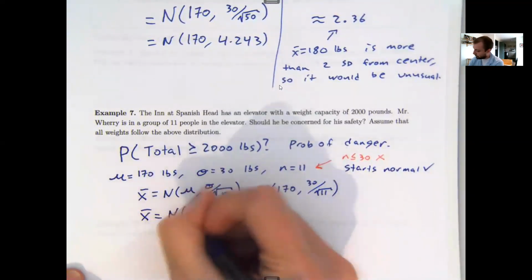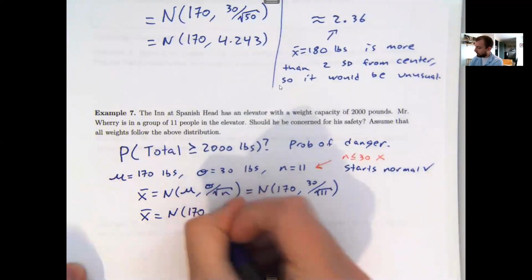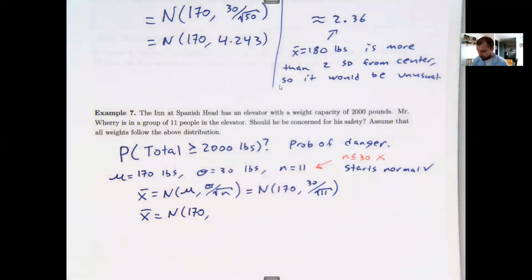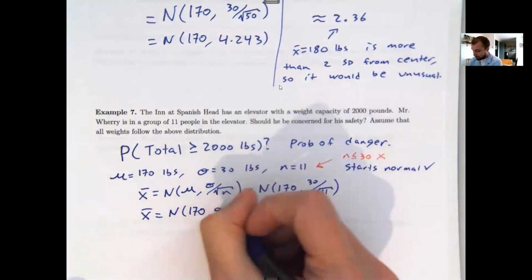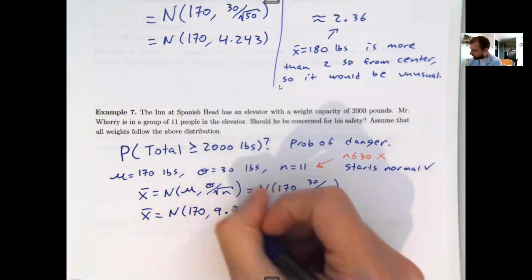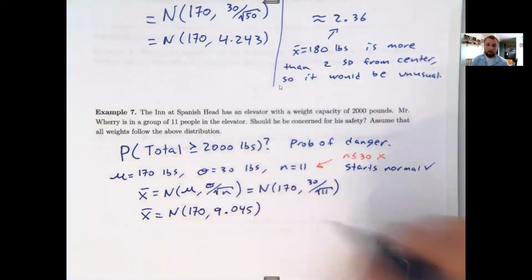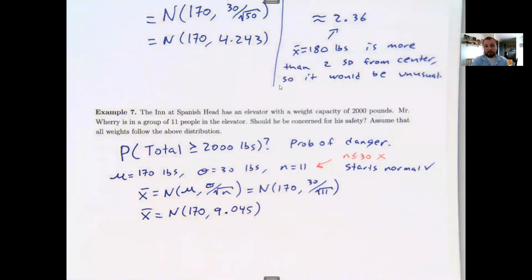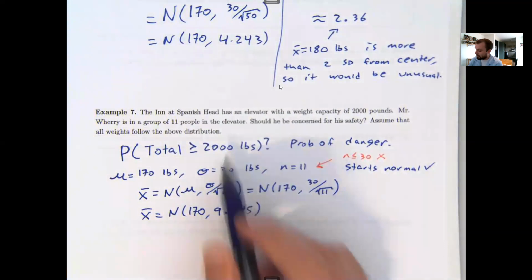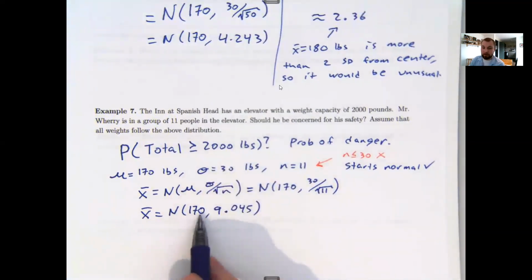So weights should be normally distributed with an average of 170 and a standard deviation of 9.045. So looking at this, I'm noticing something a little bit weird. 2,000 seems really big compared to this 170.